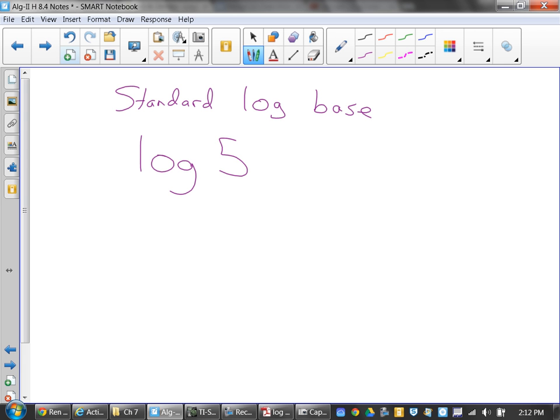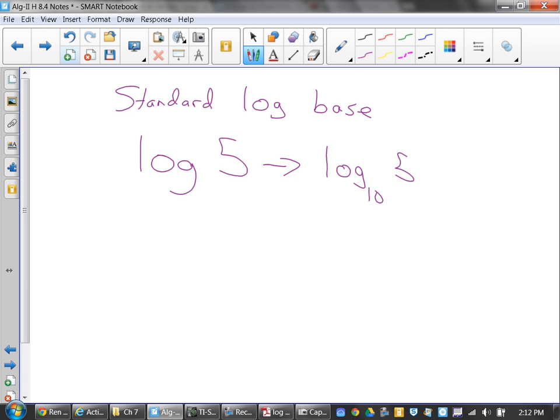So in this case, see how there's no number by the log? That is implying that it is log base 10 of 5. Everything else will always have some numerical value. It'll say log base 3, log base 5, something like that. But if there is no number there, it is automatically assumed that it's base 10, just like the coefficient in front of x is always 1. Does that make sense? It's one of those rules that they just don't write.